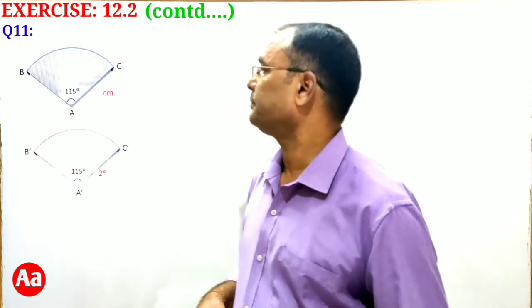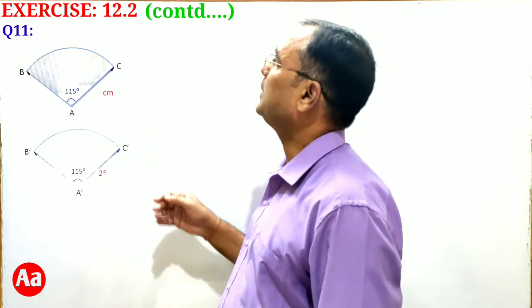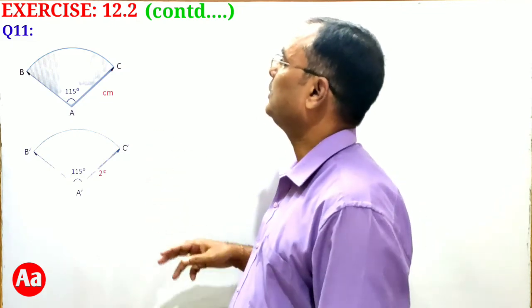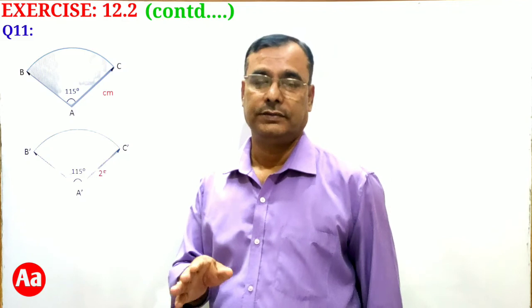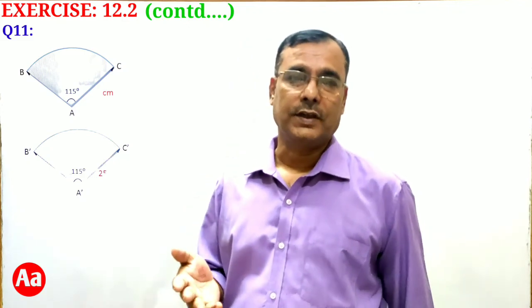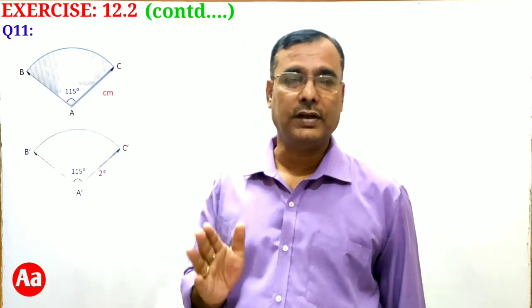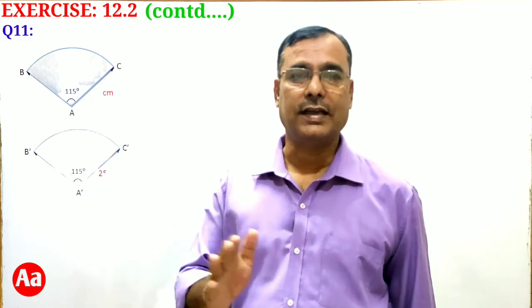So let's see this figure. In this figure, two wipers are shown in the form of sectors of equal radii and equal sector angle.